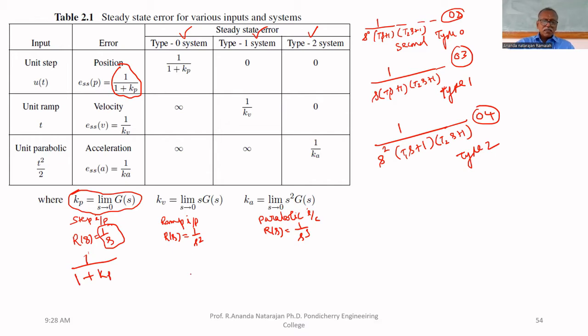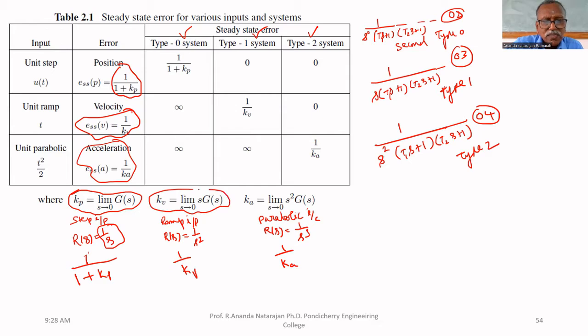If it is velocity error, steady state error is 1 upon Kv. For acceleration input, it is 1 upon Ka. It depends upon the input. Kp equal to limit S tends to 0 G of S. Kv equal to limit S tends to 0 S G of S. Ka equal to limit S tends to 0 S square G of S.